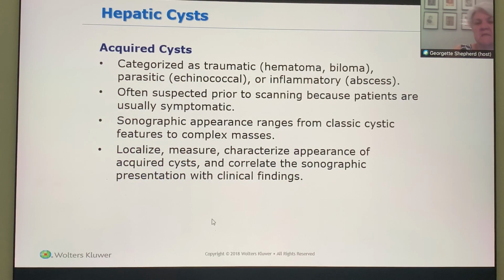Acquired cyst, it could be a hematoma, which has blood in it, a biloma that has bile in it, an abscess, which has pus and gas in it sometimes. Gas is a bad sign. Echinococcal, that's going to be a parasite.